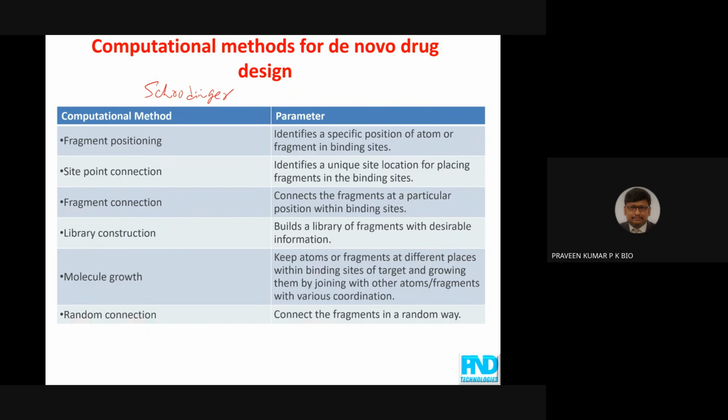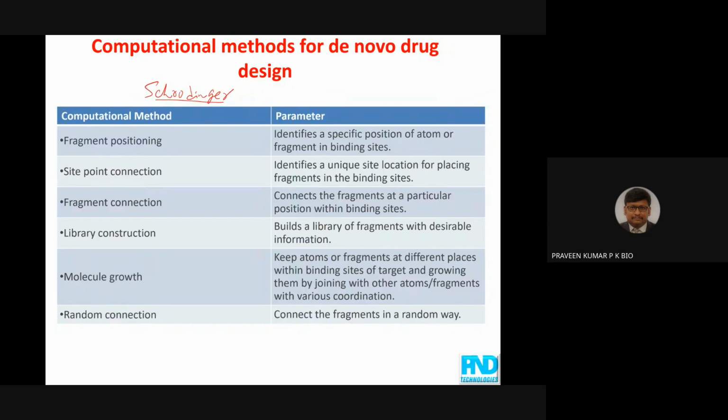He and his students utilized the Schrödinger package. During the Drug Discovery Hackathon competition, the commercial tools are made available free for 4 months. So during that time they utilized it and won that amount.